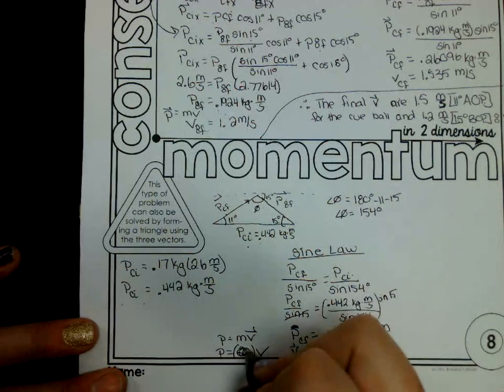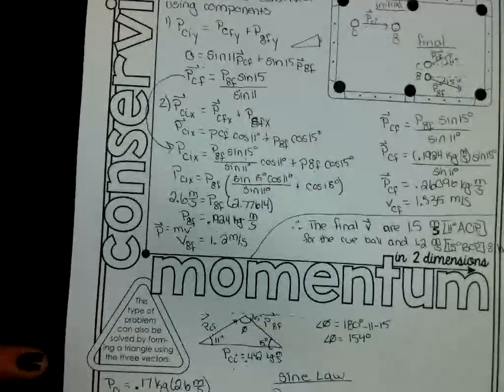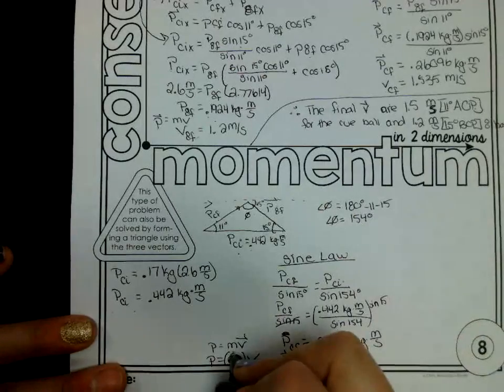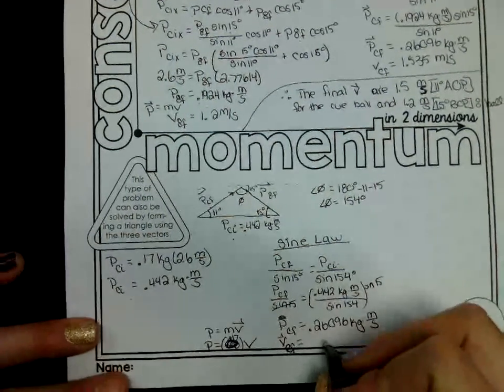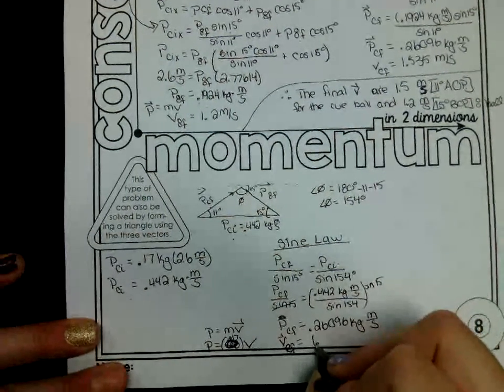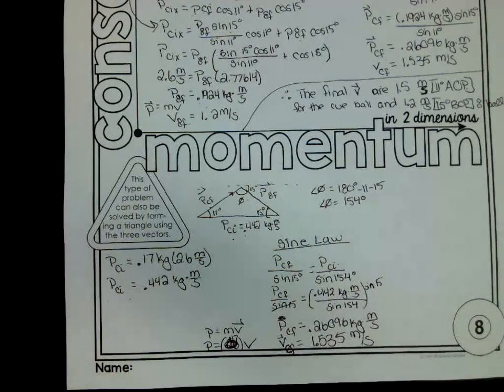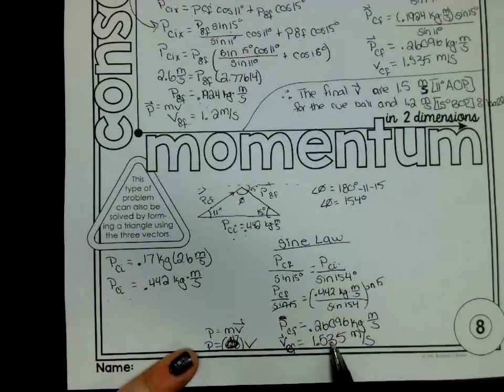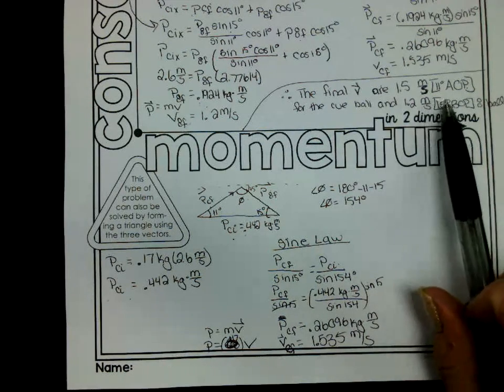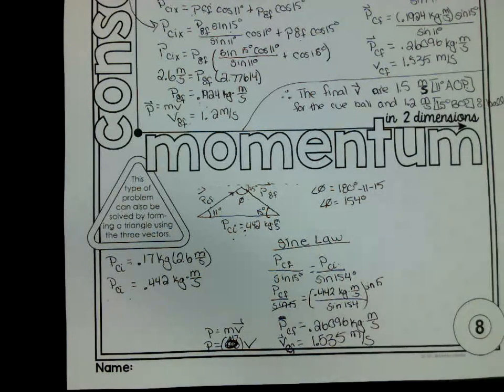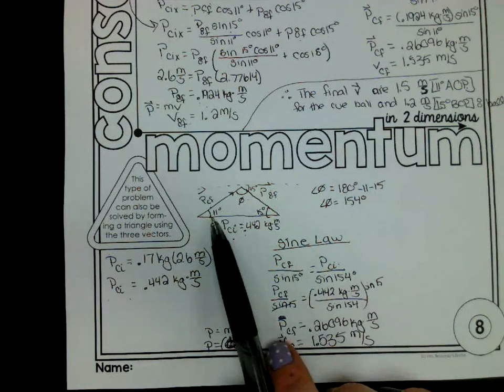Oh, nope, that's not its mass, that's its velocity. The mass is 0.17. I'm sorry. Our velocity comes out to be 1.535 meters per second. That matches with the velocity of the cue ball up here. And we know that angle is 11 degrees.